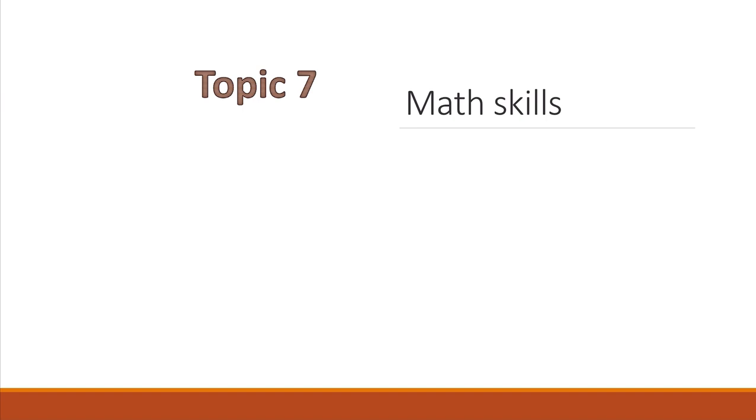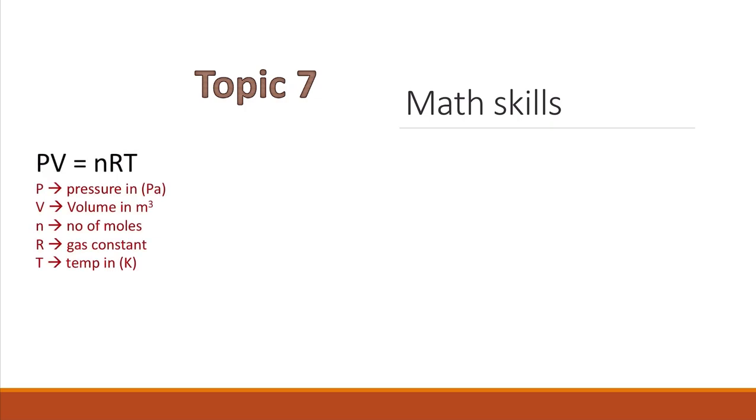The math skills in the exam paper. This exam paper is math heavy. So remember the ideal gas equation: PV equals nRT. P is the pressure in pascals. V is the volume in cubic meters. It's not in cubic centimeters or cubic decimeters. So if they give you the volume in cubic decimeters, you have to divide this by 1,000.